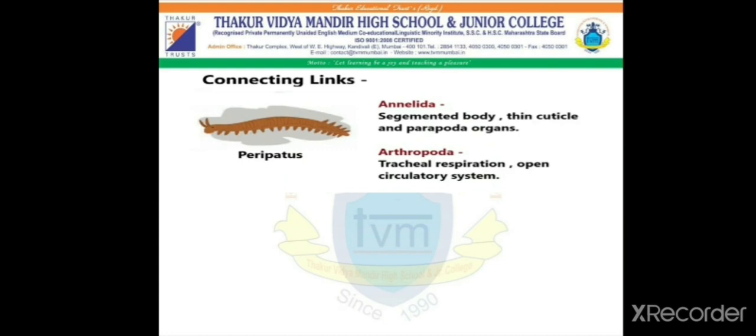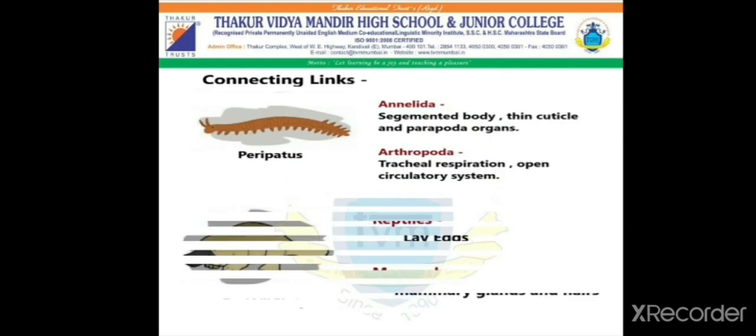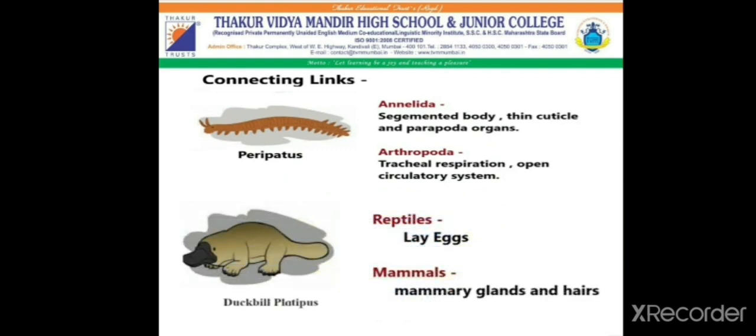That means this is an animal which shows the characteristics of both Annelida and Arthropoda. So it is an example of a connecting link, which shows the characteristics of 2 different classes. Second example is duckbill platypus.